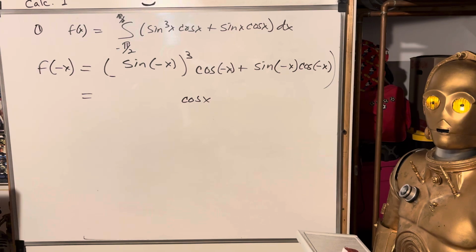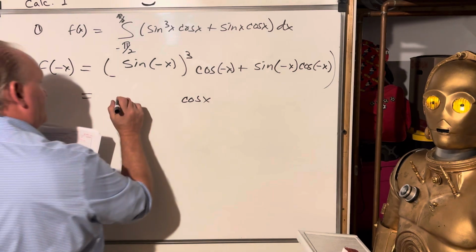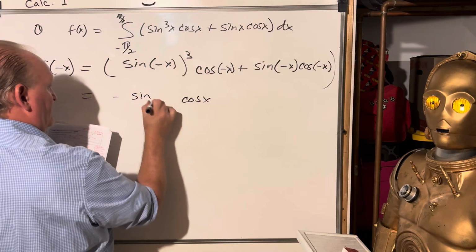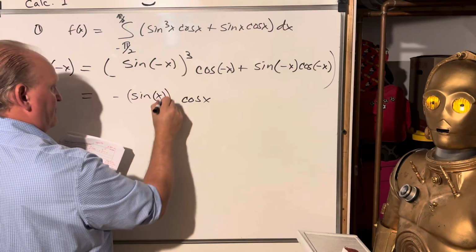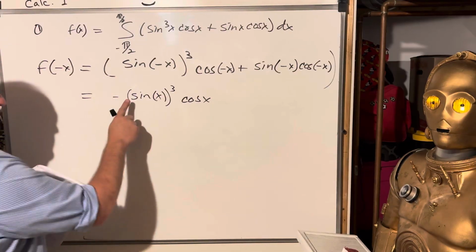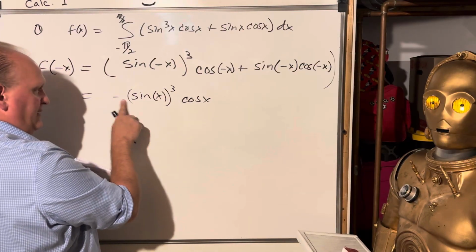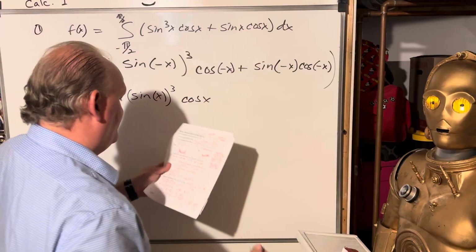So I should have left that all-star trig class there. So negative 1 times negative 1 times negative 1 is still negative. So we have a negative there.